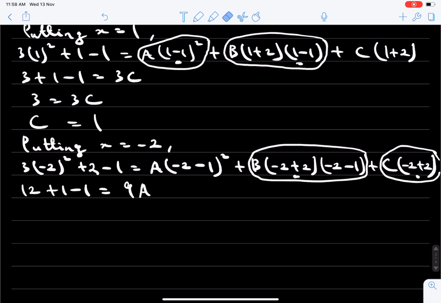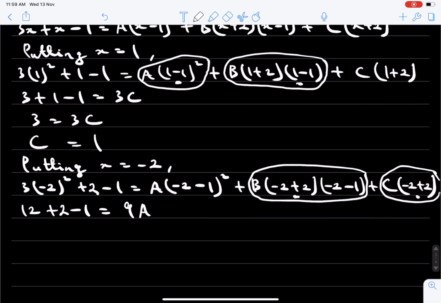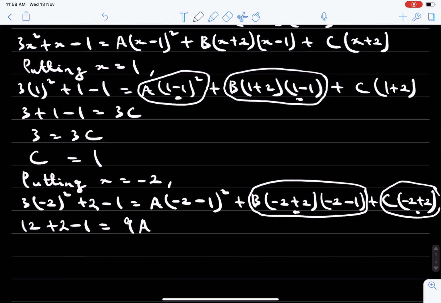That's going to be 12 plus 2 minus 1, which is 3x squared plus x minus 1.